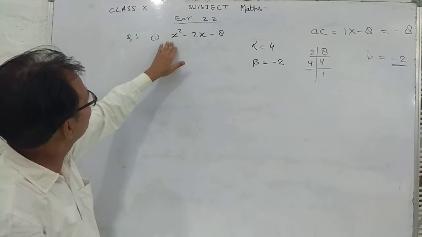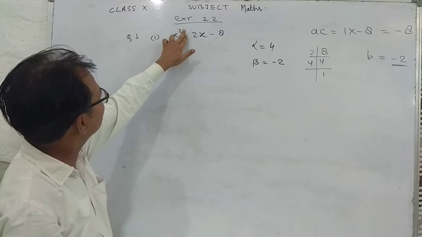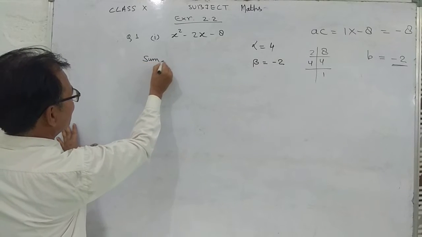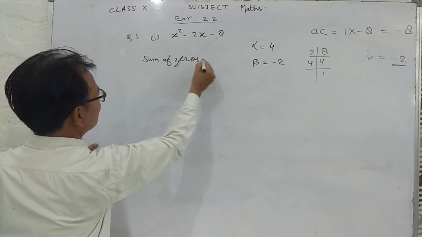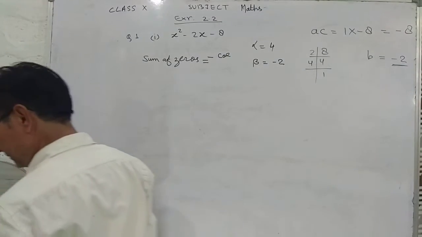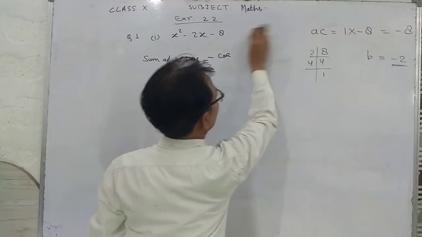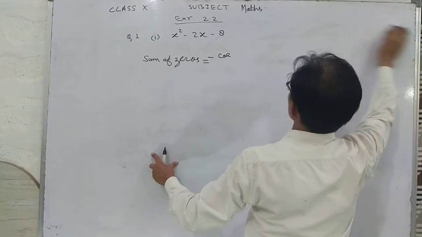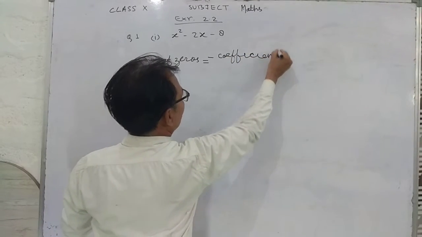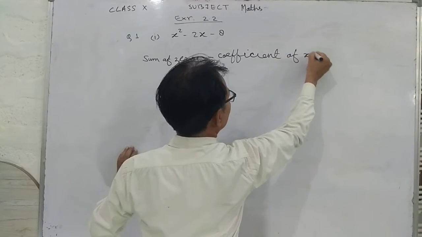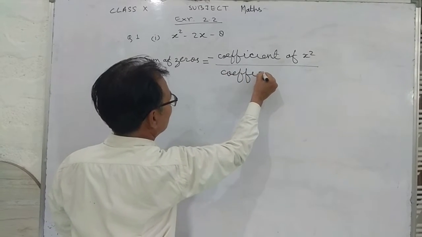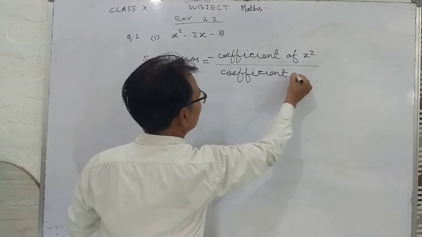First, directly by using this quadratic polynomial x square minus 2x minus 8, we can say directly the sum of zeros is equal to minus coefficient of x upon coefficient of x square.